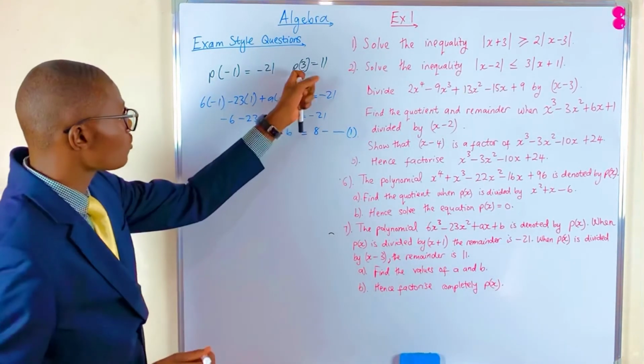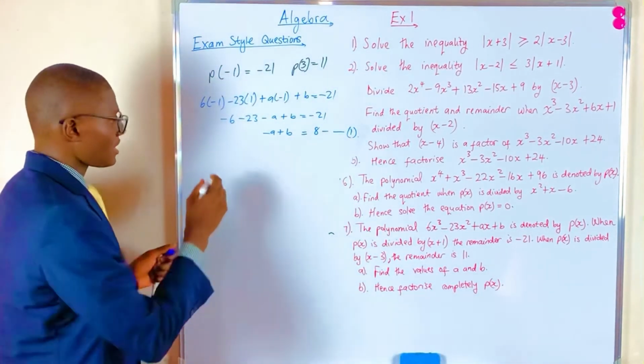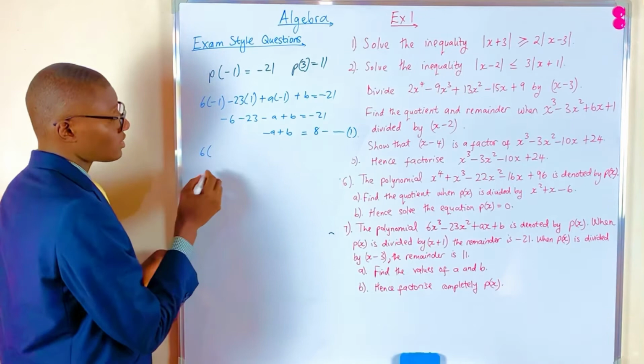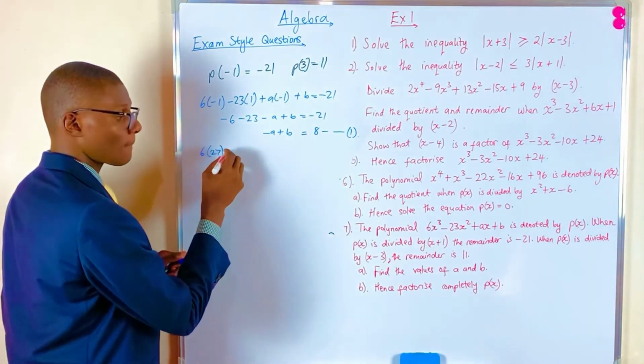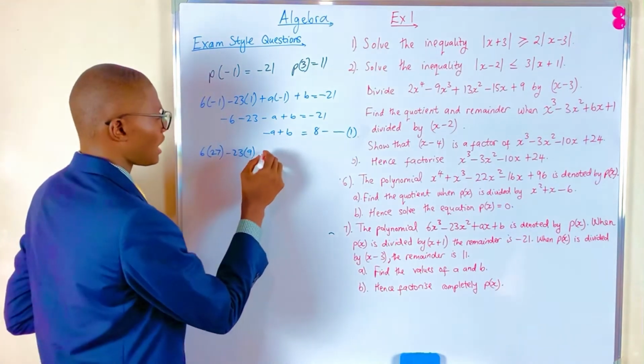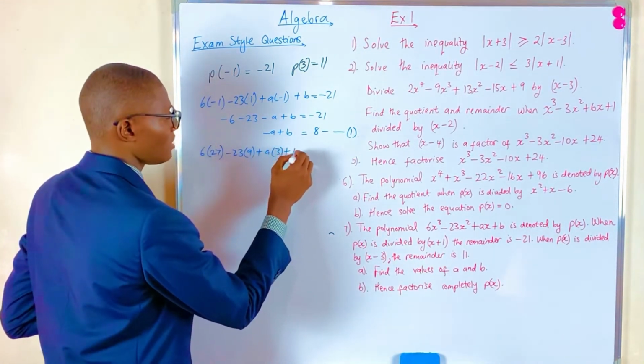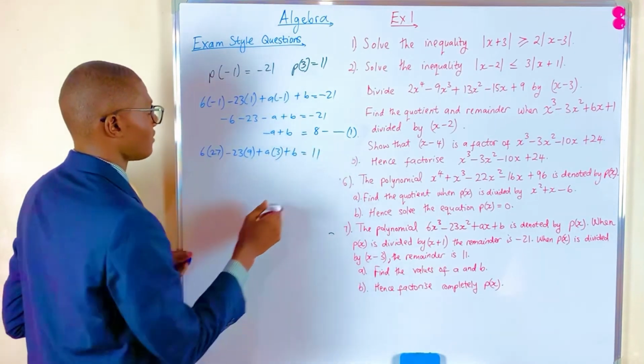In equation 2, we shall use p of 3 is equal to 11. Thereby I say 6 times 3 cubed, that's 27, minus 23 times 3 squared, that's 9, plus a times 3, then plus b to give us 11.